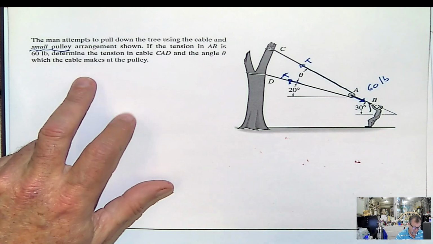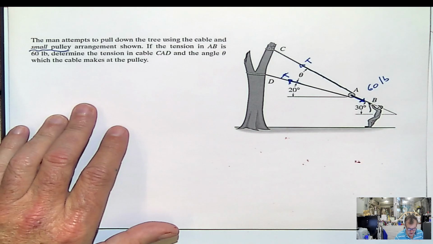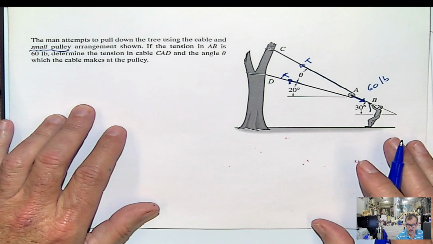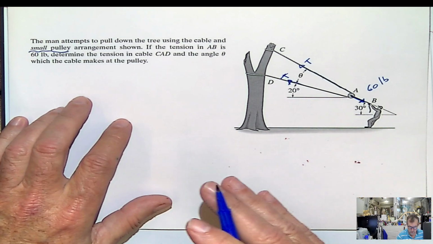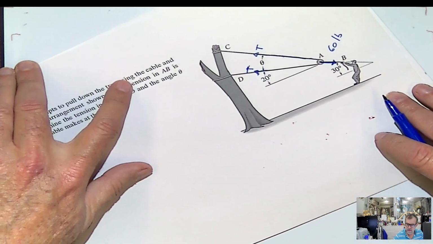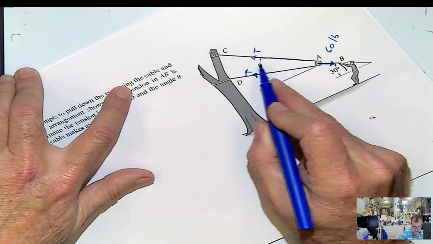I'm going to solve this problem just by doing summation of forces in X and Y. I could try to do this in the same way that I told you in the previous problem, by rotating this and considering this an axis here.